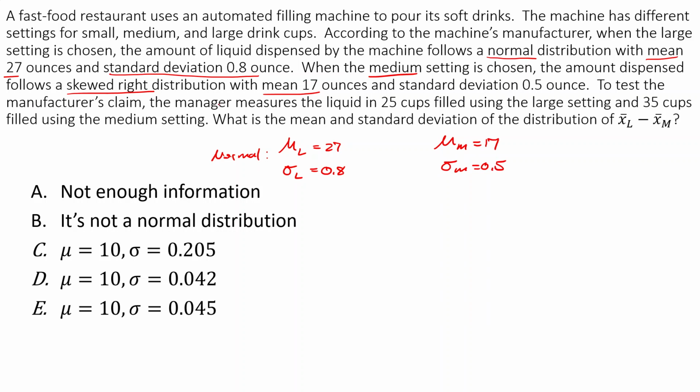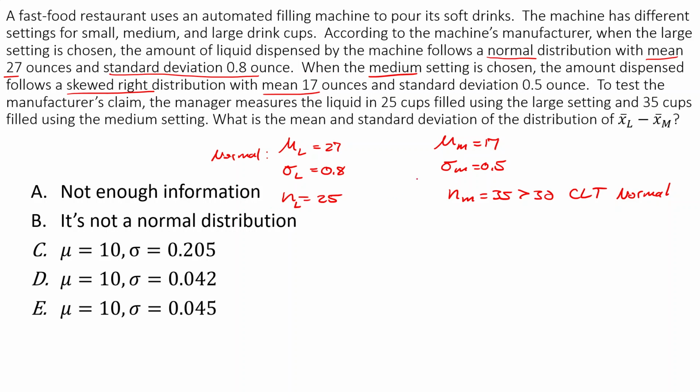To test the manufacturer's claim, the manager measures the liquid in 25 cups filled with the large setting, and 35 using the medium setting. So the number for the medium is 35, which is greater than 30. So by the CLT, this would also be normal. All right, so both of them end up being normal.